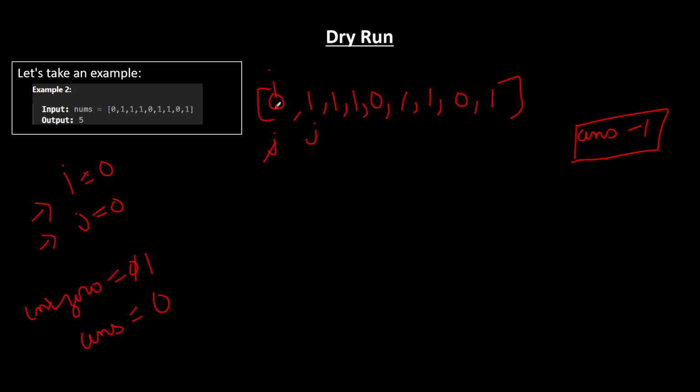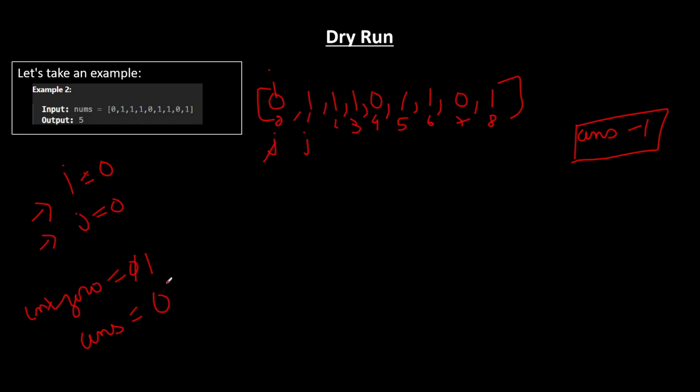Now j minus i gives me what? If I index this, it will be 0, 1, 2, 3, 4, 5, 6, 7, 8. Okay. Now putting j here, 1 minus 0 gives me 1.